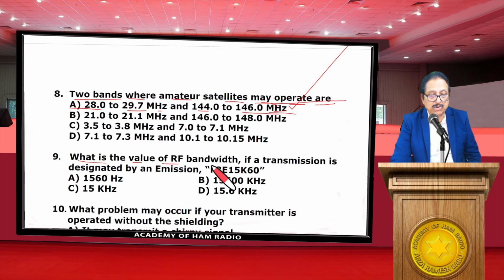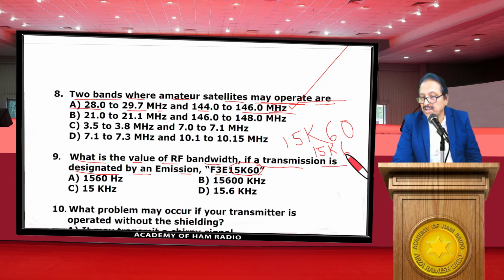What is the value of RF bandwidth if your transmission is designated by an emission F3E 15K60? So it is frequency modulation. So you have to simplify this 15K60. 15K60 becomes 15K6.